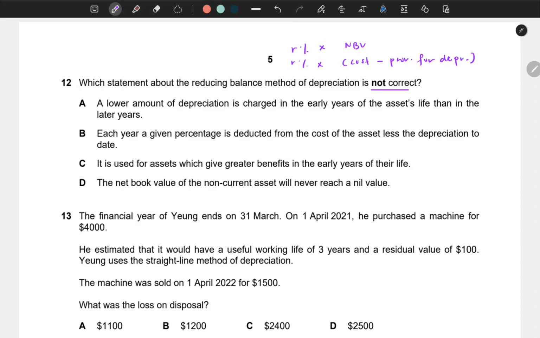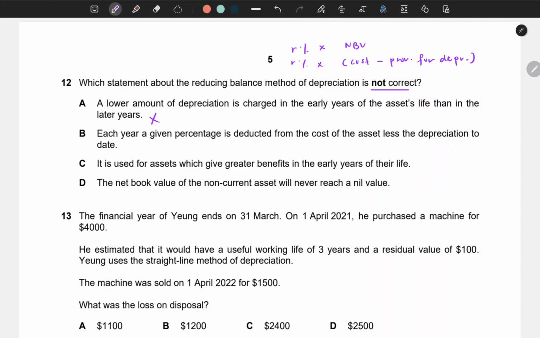Let's look at them one by one. A: a lower amount of depreciation is charged in the early years of the asset life than in the later years. Wrong, because when you use reducing balance, the first year has the higher depreciation, and the following years will be lower than the first year. So A is already wrong.